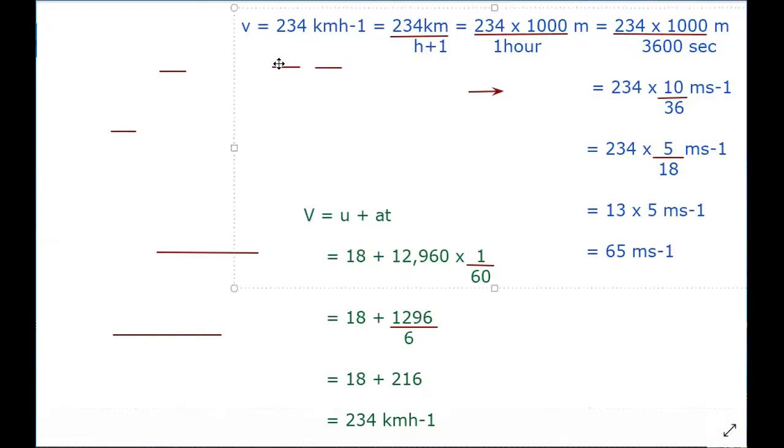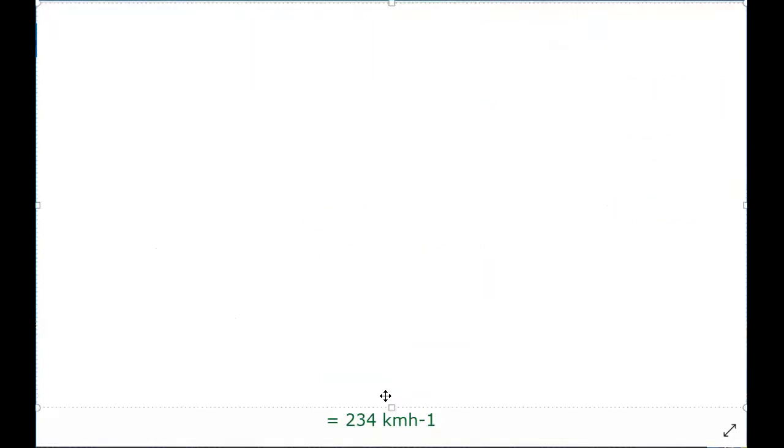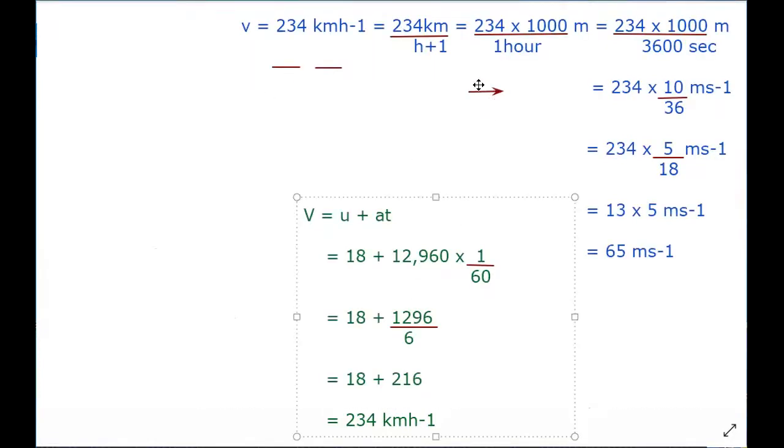Some students have already solved this problem at home, and even some of you have sent me the answers on WhatsApp. They converted everything into meters per second and found the answers. As help for them, I would like to give you the method to find the answers in meters per second. How do you find the acceleration in meter per second?